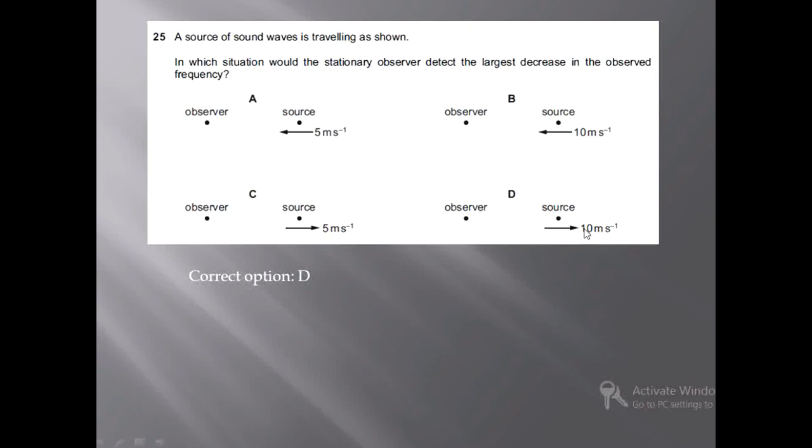But there is going to be a largest decrease in the observed frequency when the source is moving with a greater speed. Among these two options, it is in option D that the source is moving with speed larger than 5 meter per second. It is moving with 10 meter per second away from the observer. So it is in this scenario that there is going to be a largest decrease in the observed frequency. As a result, we come to know that option D is correct.